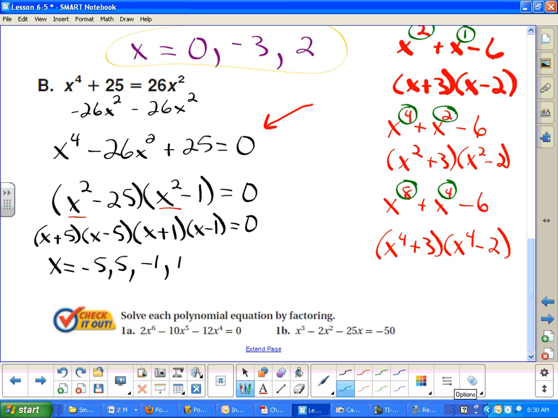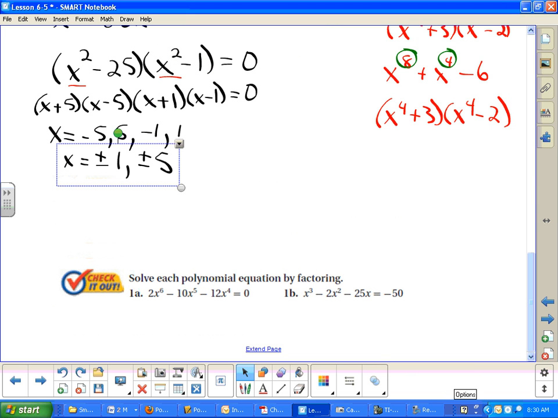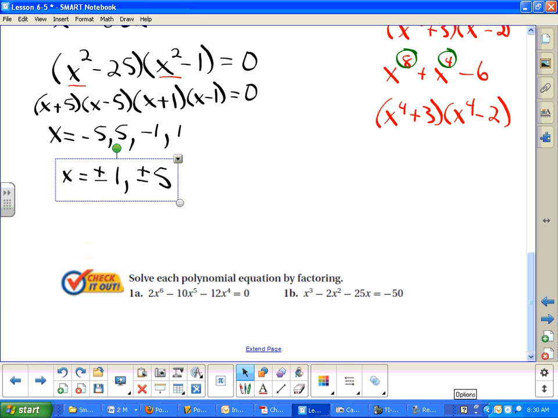And you could write that as plus or minus 1 and plus or minus 5. You could write your answer either way. Both of those solutions mean the same thing.